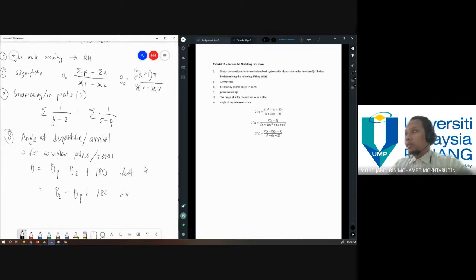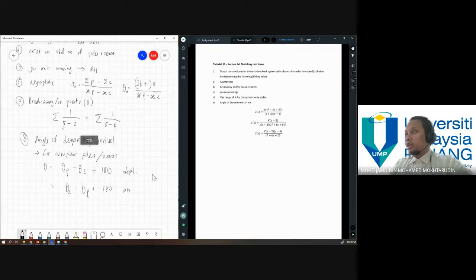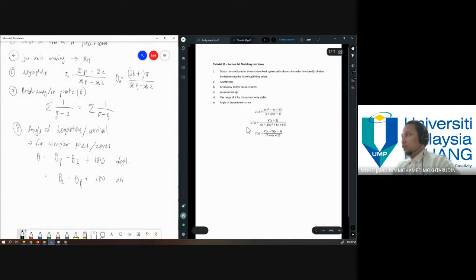Okay, so let's look at the question given to you in tutorial 11. Sketch the root locus for the unity feedback system with a forward transfer function G given here.